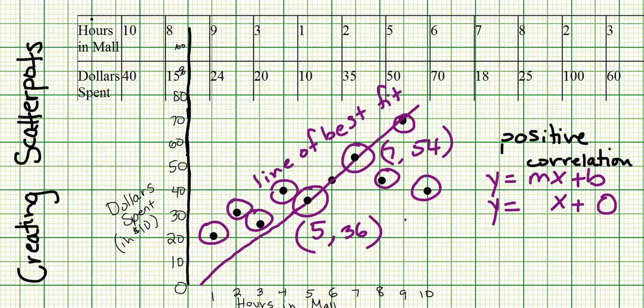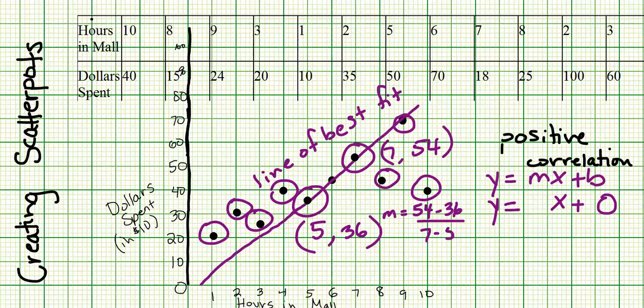And my slope is going to depend on the 2 points that I use from my line of best fit. I took the one that was on the extreme, the farthest one out and then the one closest in, but still I chose 2 that were on my line. So the slope is going to be the change in the y's, 54 minus 36. And if you've forgotten how to find slope, there are some videos way back early on calculating slope that you may want to check out.